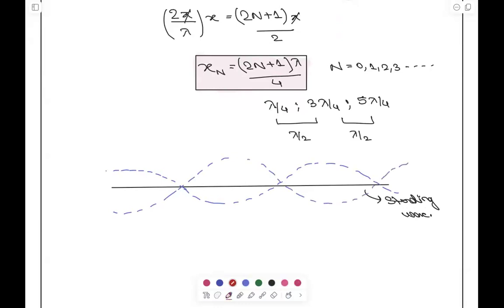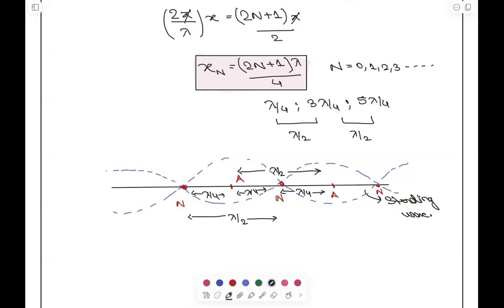All those points here we call nodes, and this we call an antinode. So for the above discussion, tell me, this node to node distance is what? Lambda by 2. We have seen this. From antinode to antinode, it is lambda by 2. But from any node to antinode, it is lambda by 4.